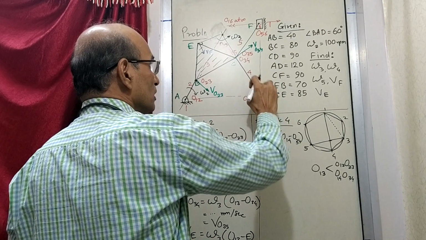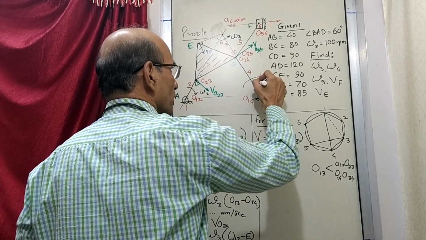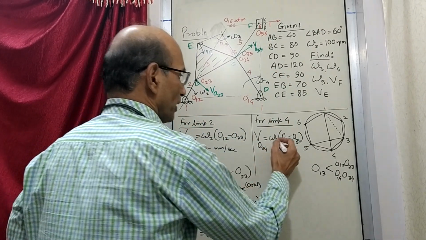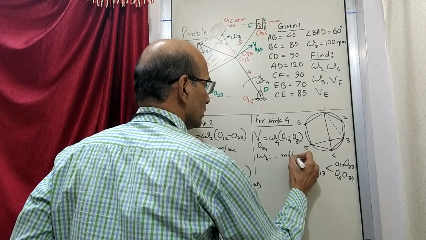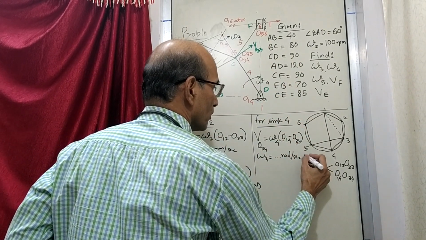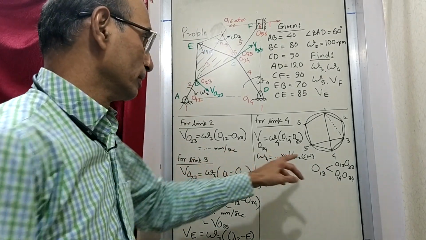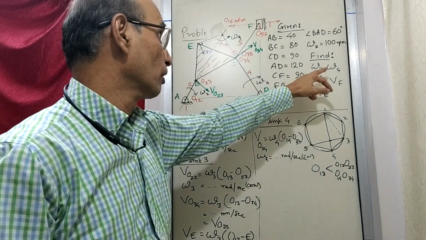This distance is r and this is velocity. So omega will be obviously this way. So you can find out omega 4 in radians per second, and the direction is going to be clockwise, which you have to write here. Without fail you have to write this direction of angular velocity. So we found out omega 4.